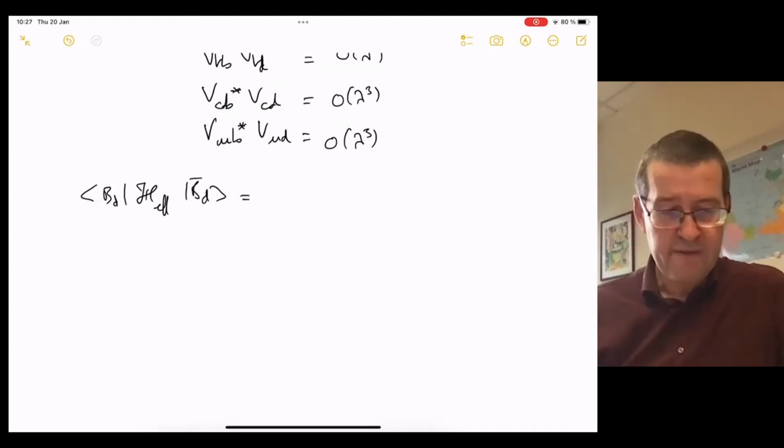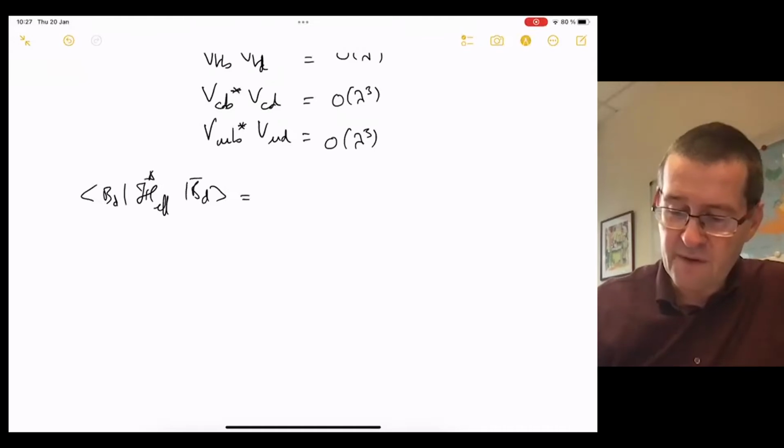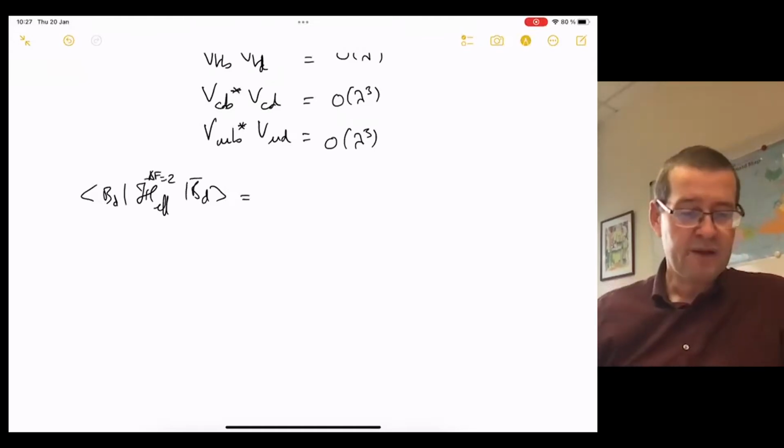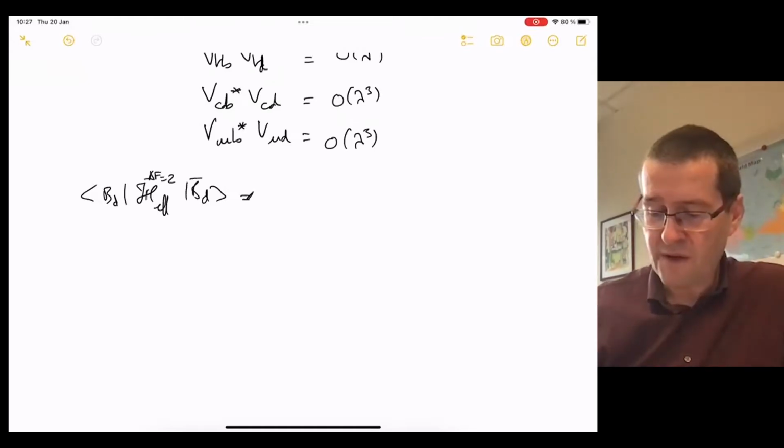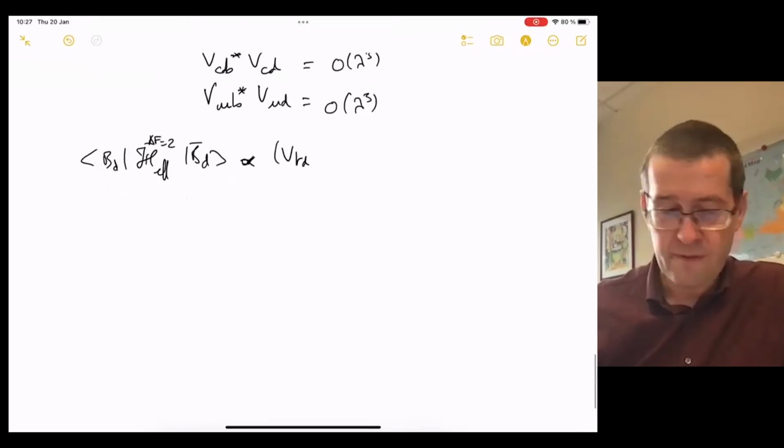So you have the transition between the B bar_d and the B_d caused by this delta F equal 2 effective Hamiltonian.